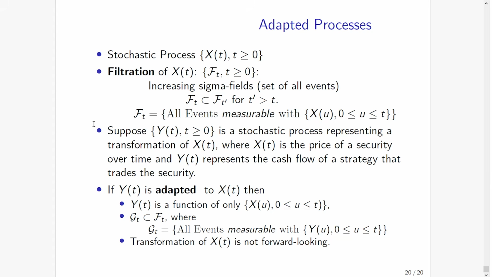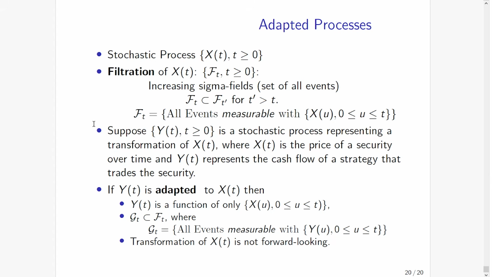And so our y of t, which is perhaps the value of trading up until time t, is a function only of the values of the process prior to time t.